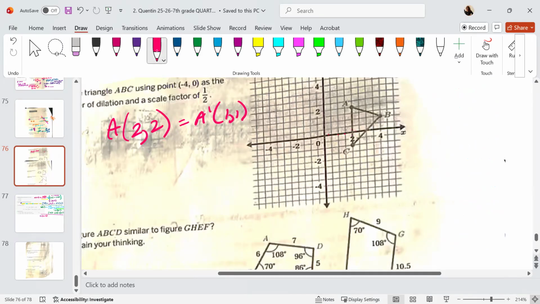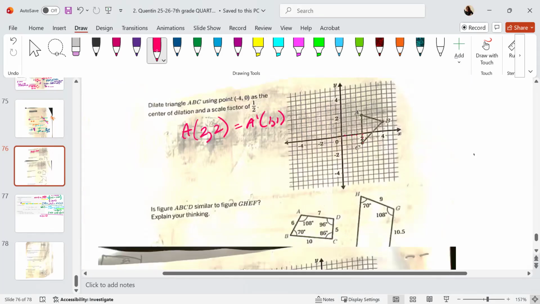Are we looking at the same one? 1, 2, 3, 4. That's 4. 1, 2. That's 4, 2. I think I got B incorrect. You see, it says 2 right here and then 4 right there. Fine. So C is 2, negative 1.